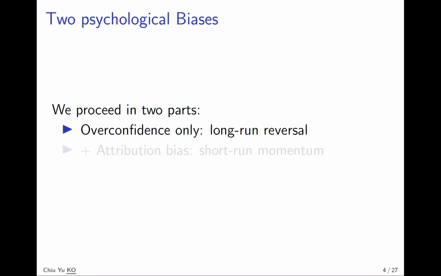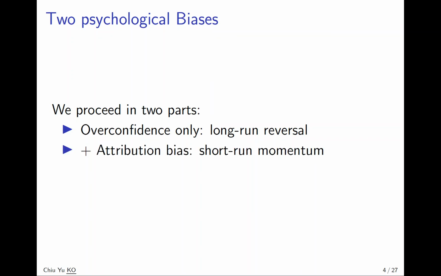And in the rest of the class, we'll proceed in two parts. First, we'll cover a model with overconfidence, and this will lead to long-run reversal. The reason is you overestimate the precision of the signal, and at the end, the bias gets corrected. So that's why we see a reversal.